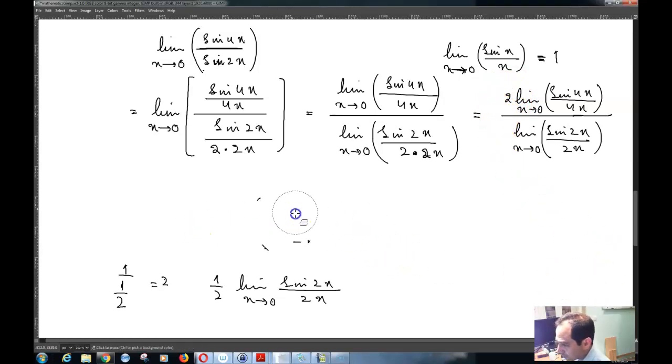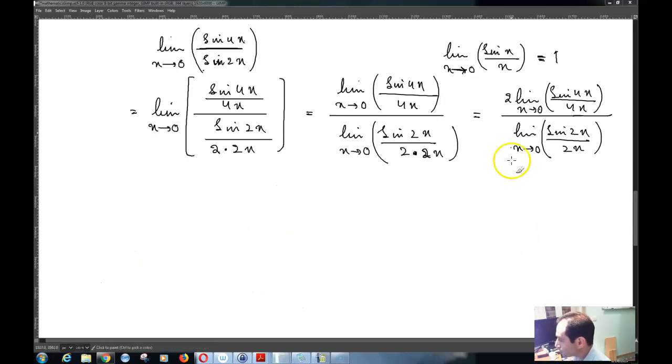So now the limit of sine 4x over 4x. In order to evaluate these two limits, you see that we said that the limit of sine x over x when x tends to 0 is equal to 1. Over here I have the limit of sine 4x over 4x as x tends to 0, and I want to evaluate this.